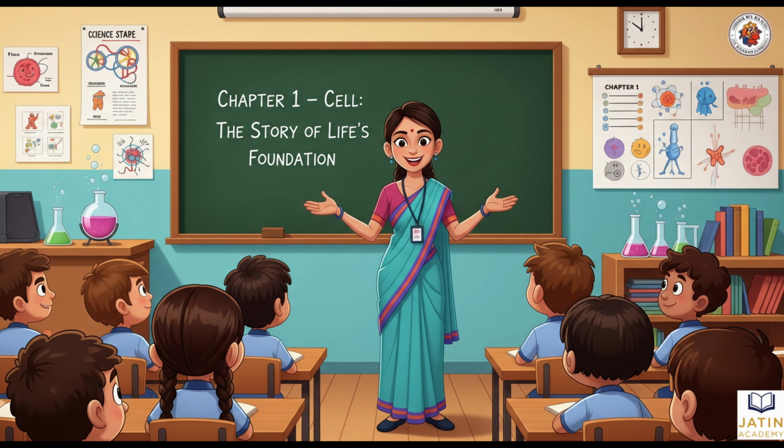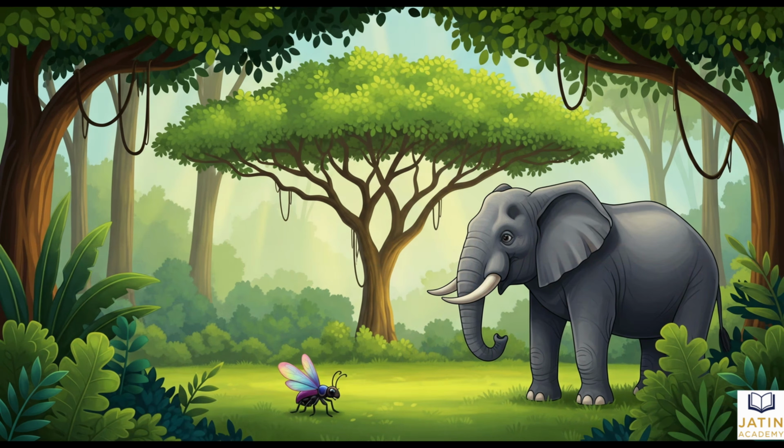So come on. Close your eyes for a moment and imagine you are standing in the middle of a huge forest. In front of you is a giant elephant. Far away, there's a tall acacia tree, and right near your feet, a tiny insect is crawling on the ground. Now, think for a second.